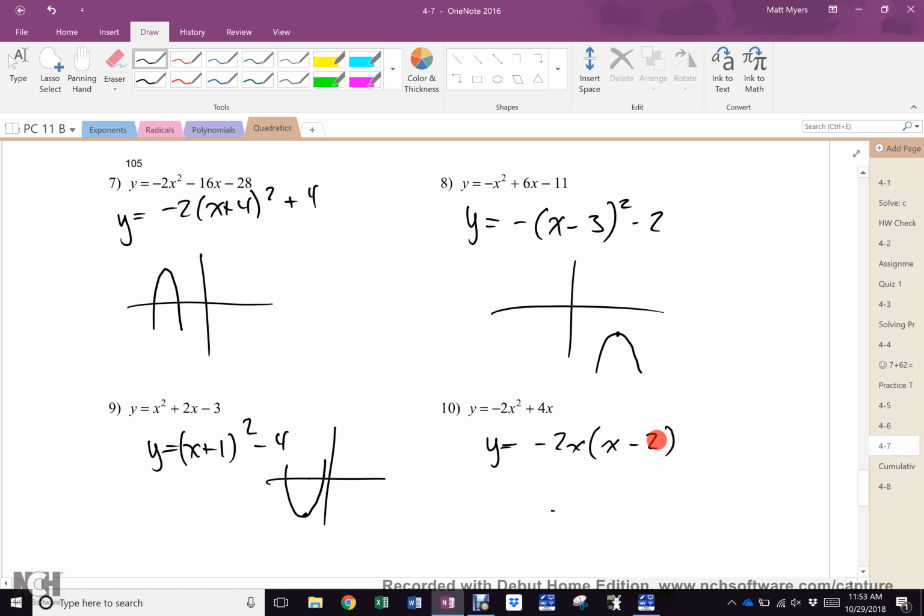And then, of course, no. Negative 2 x squared minus 2x. Yes. Now I would complete the square. Half of 2 is 1, squared is plus 1. So I've added 1 to both sides. Equals negative 2 times x minus 1 squared. Then bring that 1 over, minus 1.